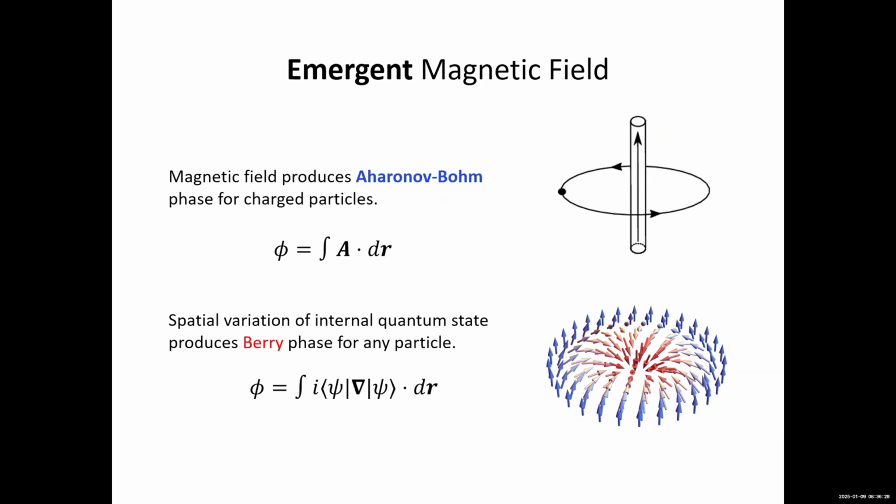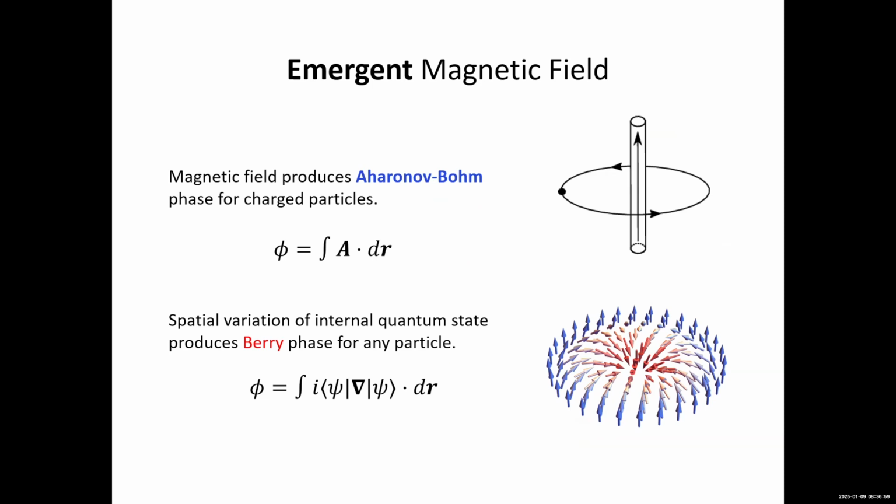Now, in other quantum systems without an external magnetic field, the role of the Aharonov-Bohm phase can be replaced by the Berry phase. Suppose that the quantum state of an electron, for example, here I'm representing a two-level system with a spin, and imagine that the quantum state of the system is spatially varied, so the direction of the spin is spatially non-uniform, it points in various directions.